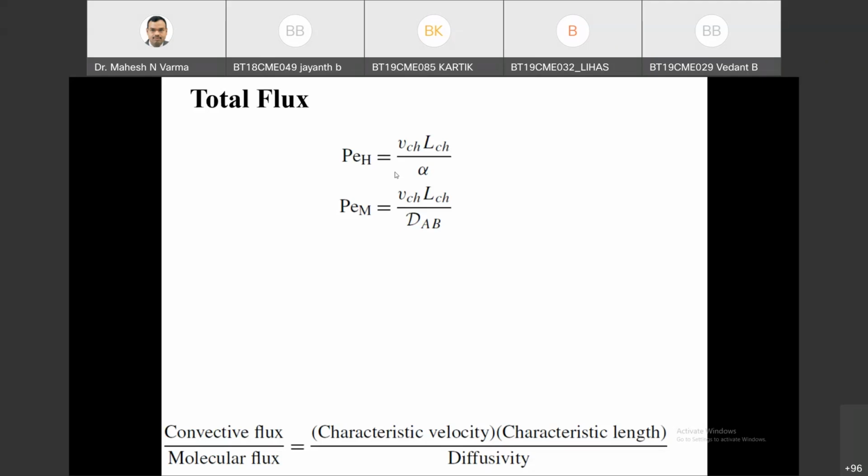So what is the physical significance of the Peclet number for heat transfer? Roll number 24, Bandi. Yes, sir. What is the physical significance of the Peclet number for heat transfer? What is the Peclet number for heat transfer representing?